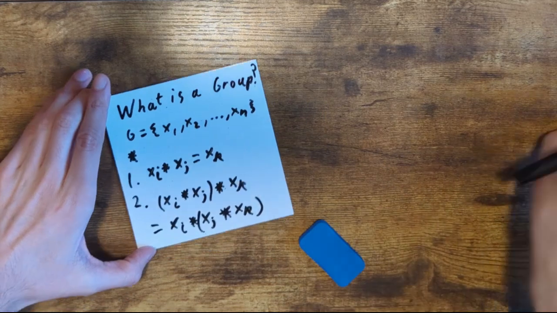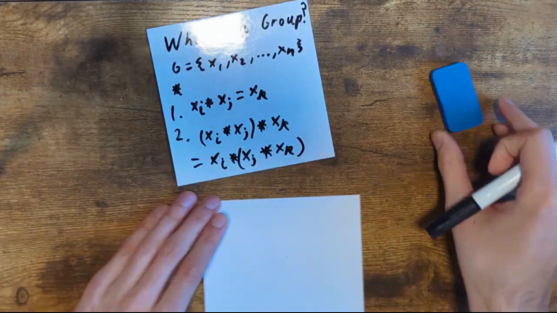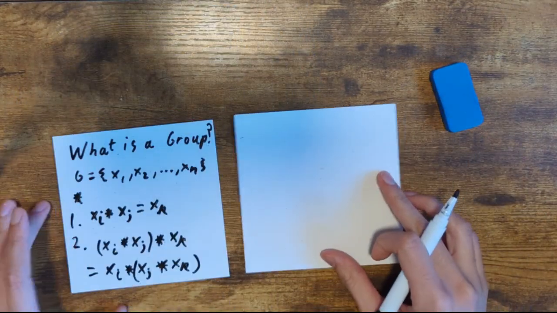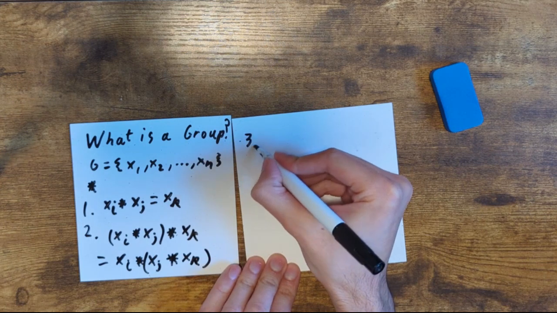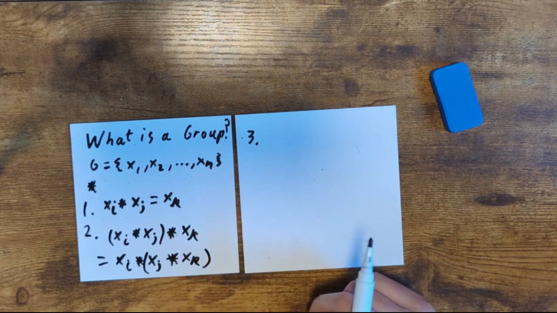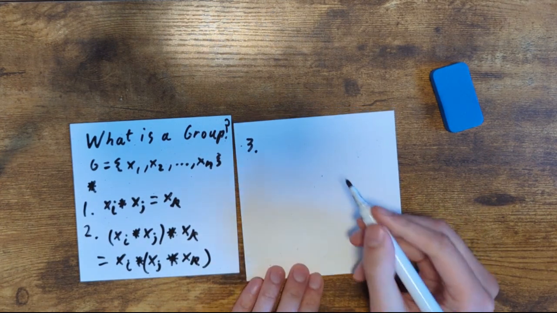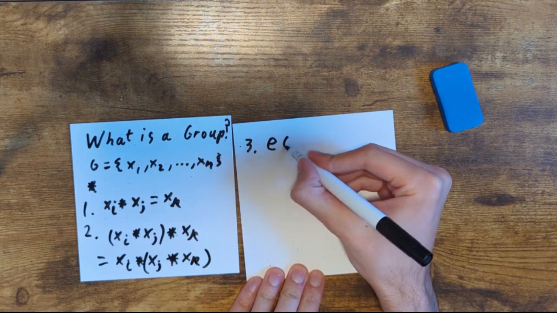Another property that a group must have is that there should be an identity element.